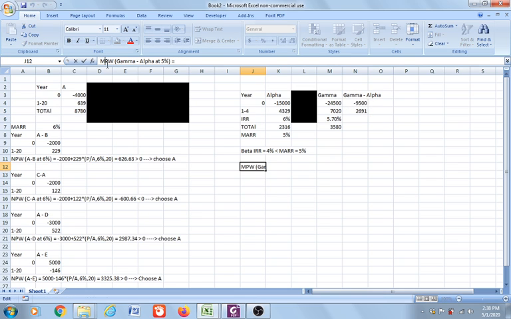So the NPW of gamma minus alpha at 5% will be minus 6500 plus 2691 times P over A, 6%, 4, and that will be 4286, and it is bigger than 0. Because it is bigger than 0, we choose gamma.